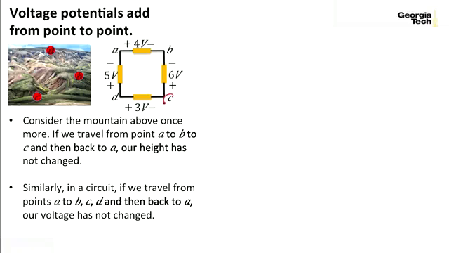and consider if we go from C to B. Now, when we go from C to B, we go from plus to minus, which means we have dropped. We've gone down 6 volts.